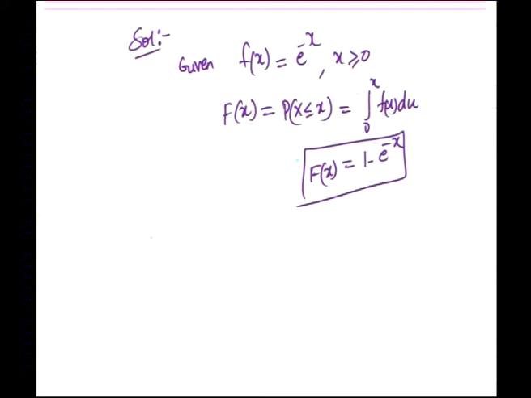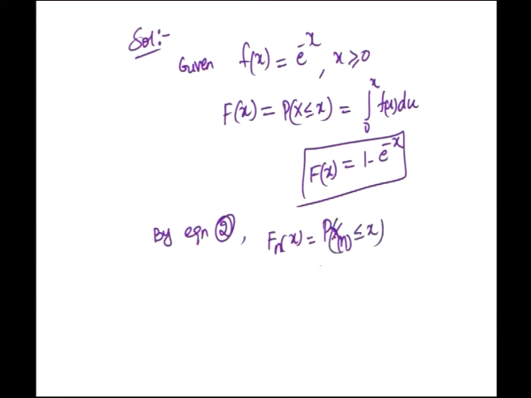And by equation 2 in the previous session, the CDF of the largest order statistic is given by Fn(x) equal to P(Xn ≤ x) equal to F(x) whole power n.